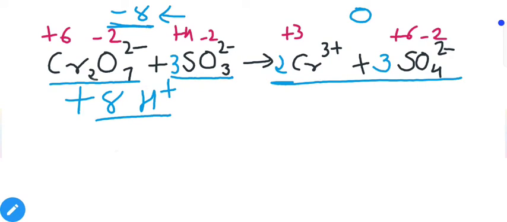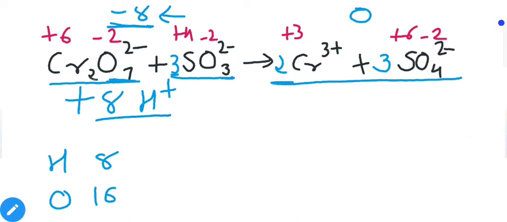On the reactant side, as we put 8 H plus, we have 8 H. For oxygen, we have 7 from Cr2O7 2 minus, and 3 into 3, total 9 from SO3. So in total we have 16 oxygen, 7 plus 9, on the reactant side.